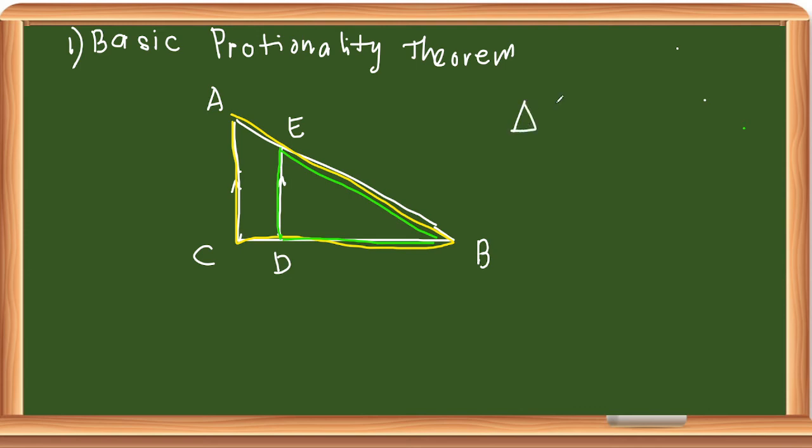We have triangle ABC, which is definitely similar to the smaller triangle, E, B, D. Okay? They are similar. That is when we have here a line, a segment that is parallel to the third side. So it divides this into two similar triangles.